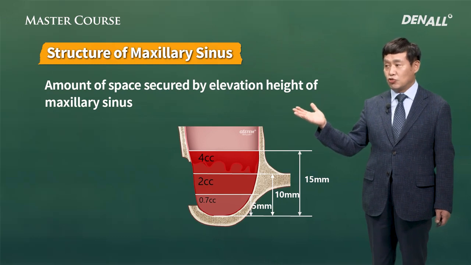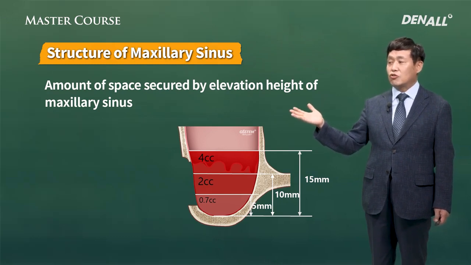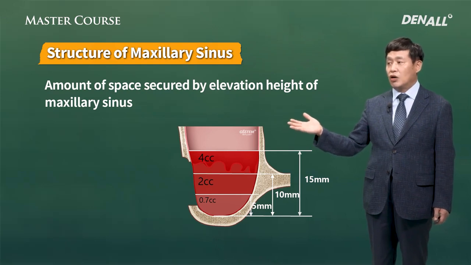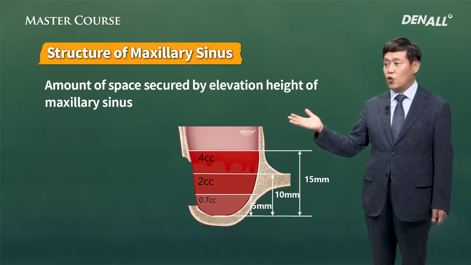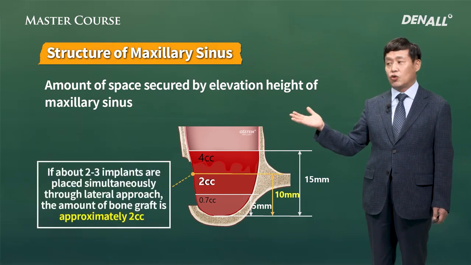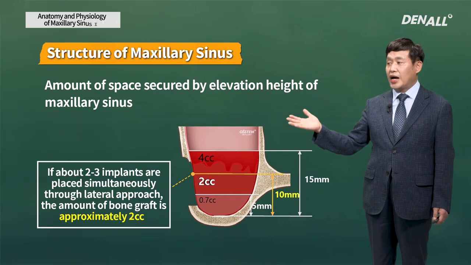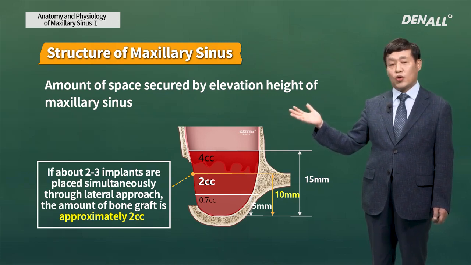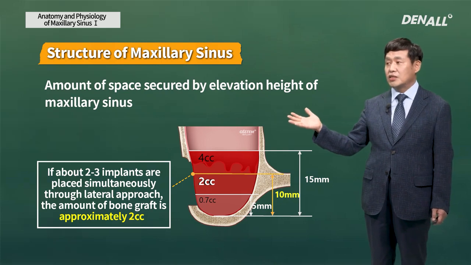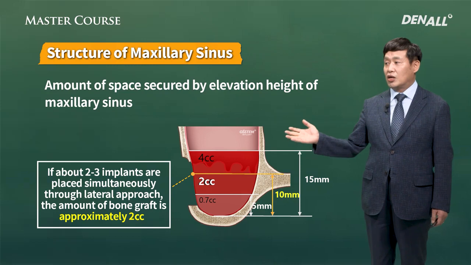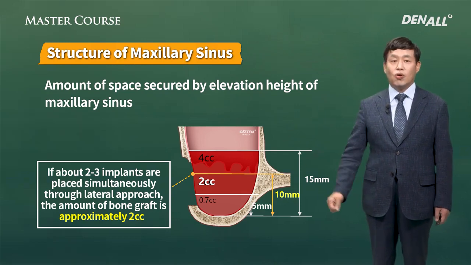However, based on the Korean population, if we are talking about placing 2 to 3 implants in the upper posterior region with the bone graft, 2 cc would be enough. That will make the bone graft fill up to 10 millimeters from the floor of the sinus. In my case, I do about 2 cc bone grafting.